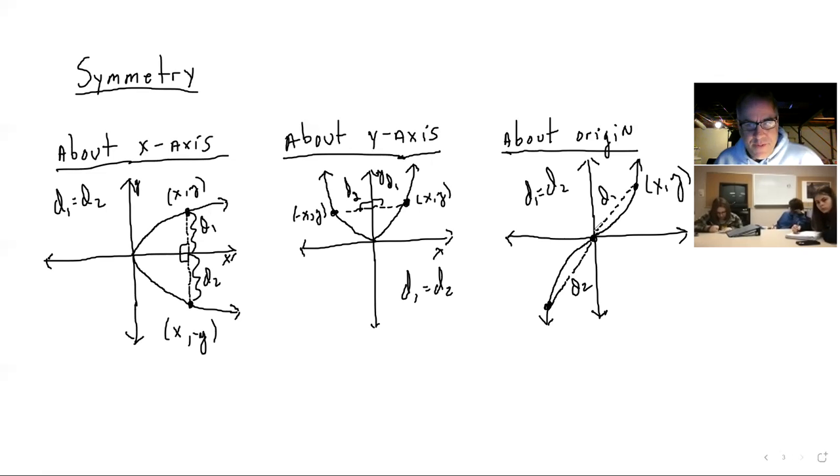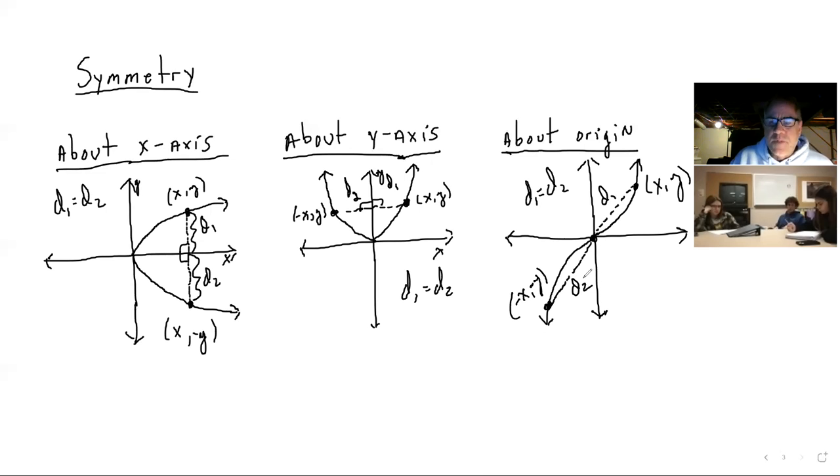You're not going to hit a point perpendicularly, but the distances are the same. And this mirrored image point, if you have symmetry about the origin, will be opposite of x and opposite of y. So those are our three types of symmetry.